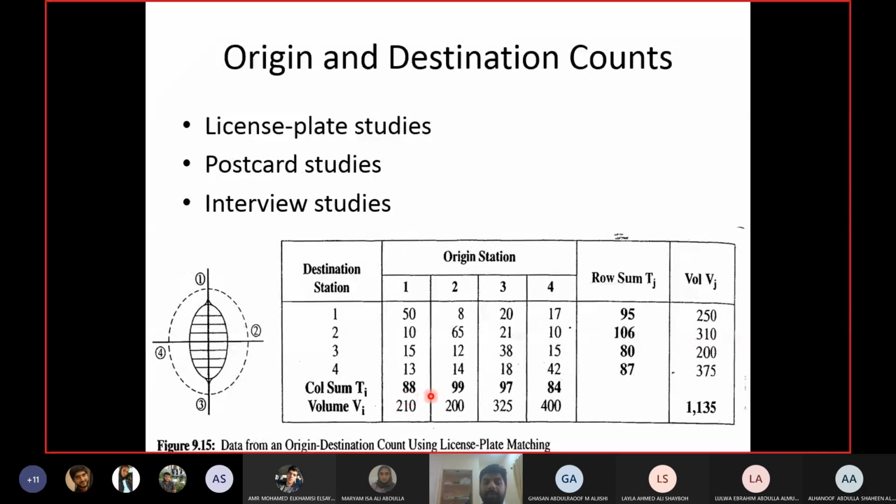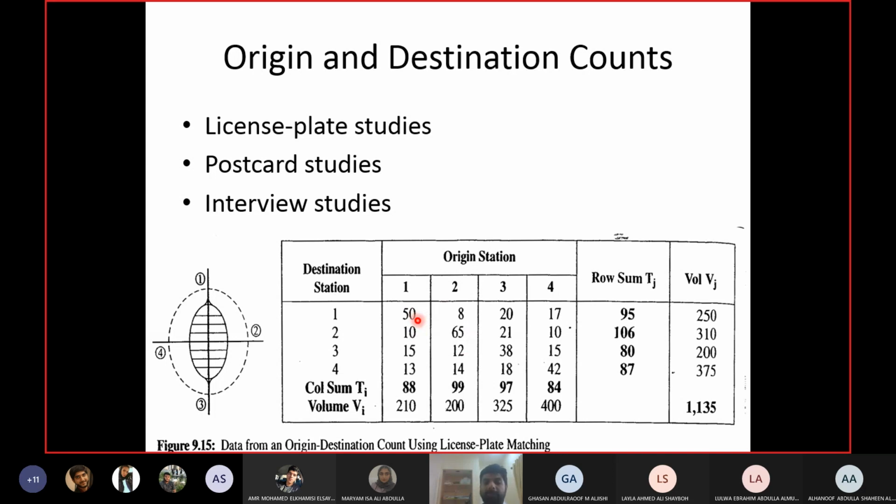Then you will multiply the average of the factor of that row and column with the value in that cell. You will take each and every value from the matrix, and you will multiply that value with the average of the factor of that row and column.